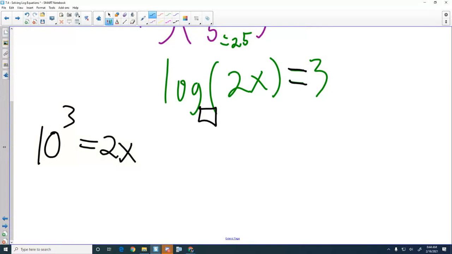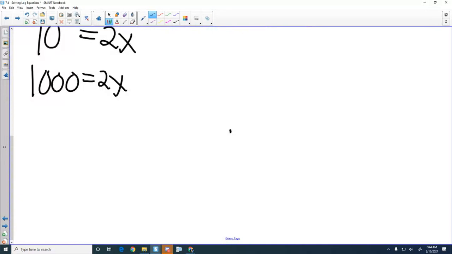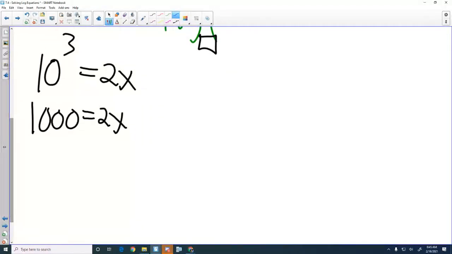From here, you just solve for x. What's 10 to the third power? Yeah, that exponent, that's just how many zeros you have. So it's 1, 0, 0, 0. With 3 zeros, that's 1,000. So 1,000 equals 2x. There we go.